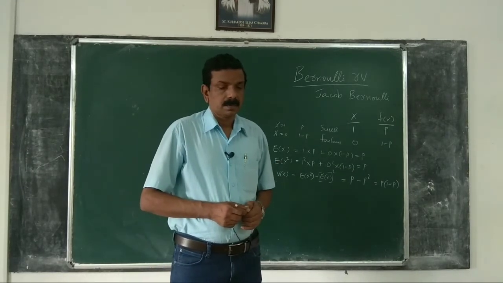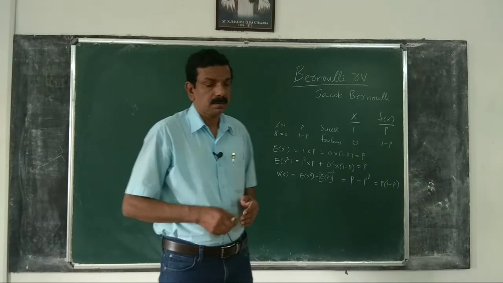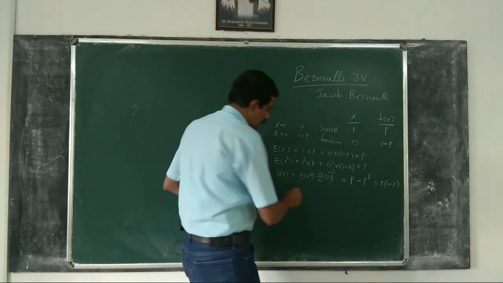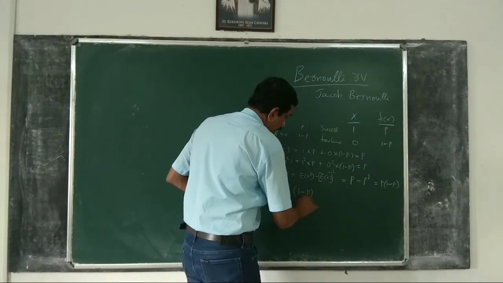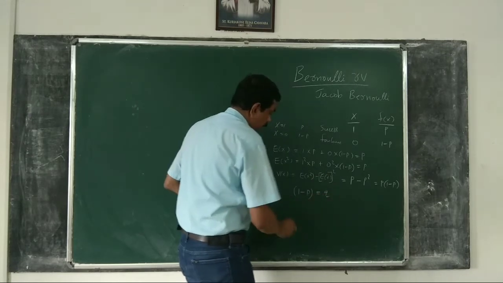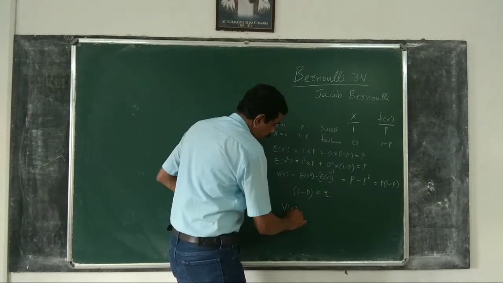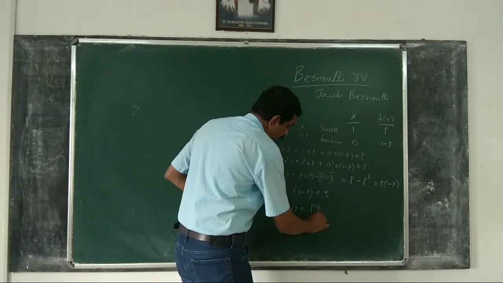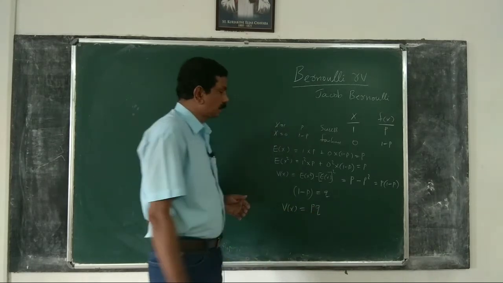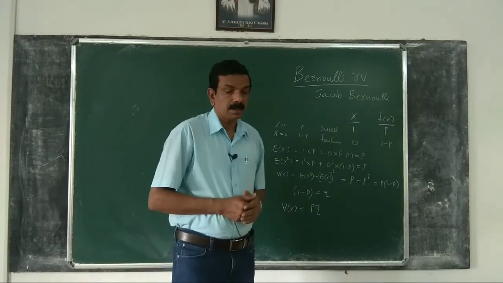Often 1 minus p is denoted by the symbol q, so that variance of x can be written as p into q.